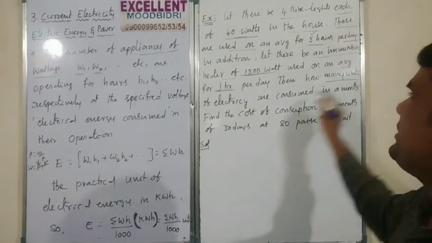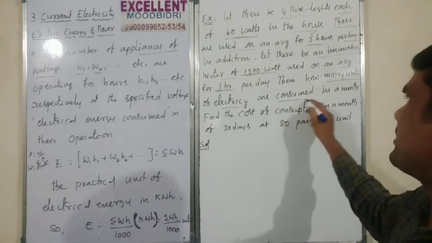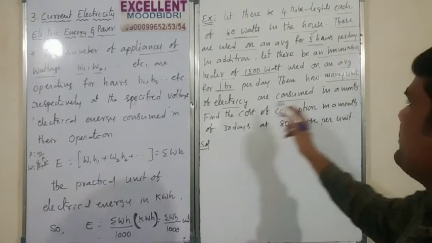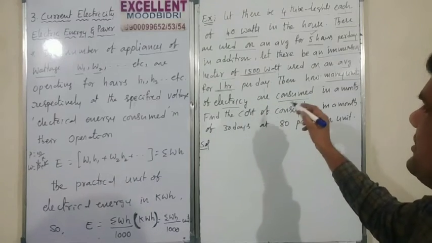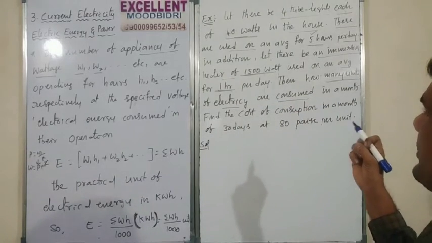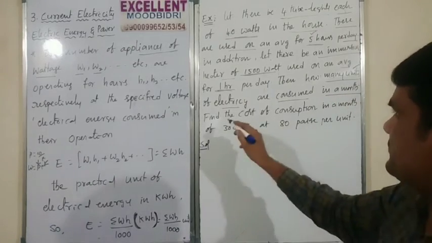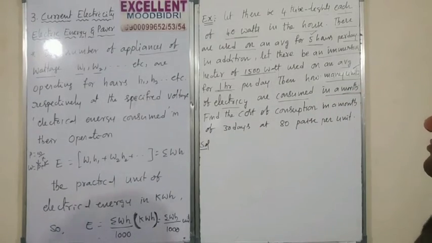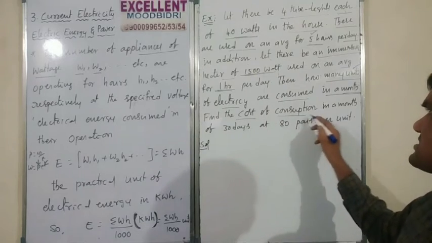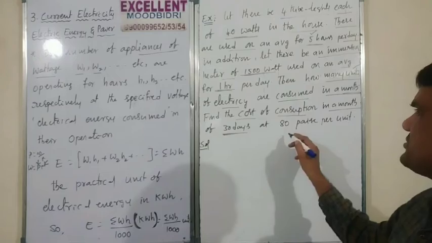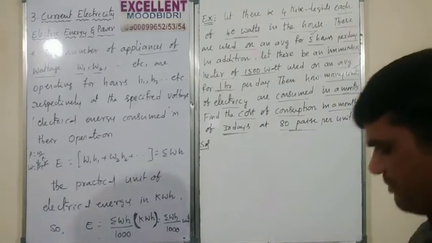Then how many units of electrical energy are consumed? Energy you can represent in units only. Find the cost of consumption in a month of 30 days at 80 paise per unit.